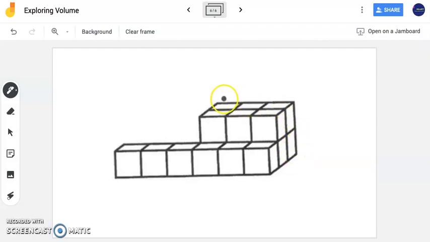So I have 6 cubes behind it, and I also have another 6 cubes here. So 6 plus 6 is 12, 13, 14, 15, 16, 17, 18. So here my volume is in fact 18 units cubed, or you could say cubic units as well.